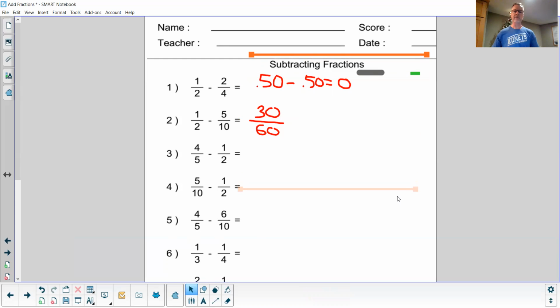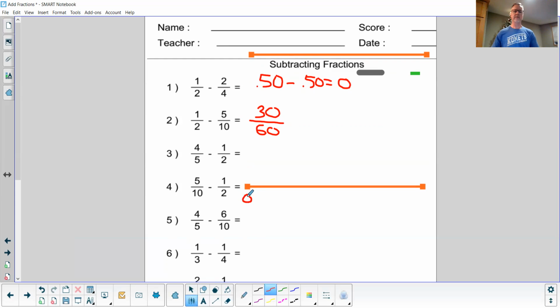If I bring my double number line down here, and then we go 5/10 and 1/2. A friendly number for 10 and 2 would be 10, starting at 0. 10 is my friendly number. The first jump would be 5/10.